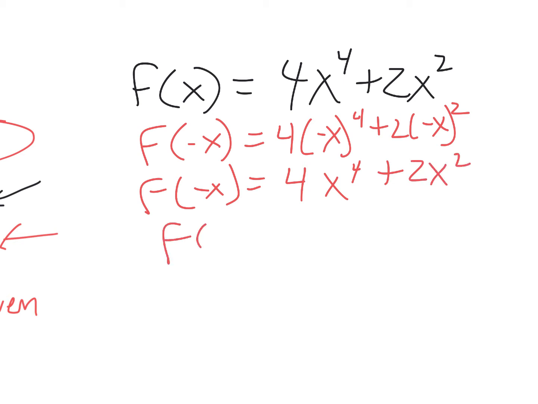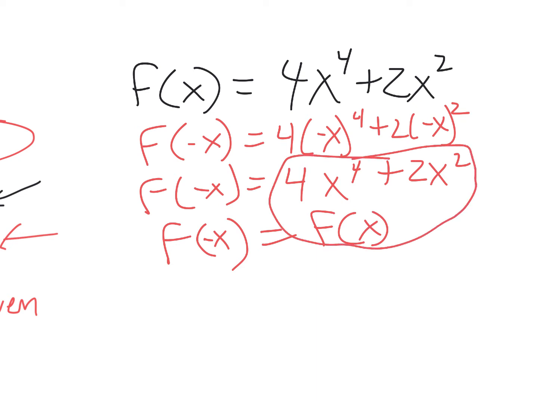Third step, realize whether or not you've got the exact same f of x back again. Is this really true right here? Is that f of x? Then you just therefore proved it's even. Now raise your hand if you think you can do this. Okay, I'm up to almost everybody.